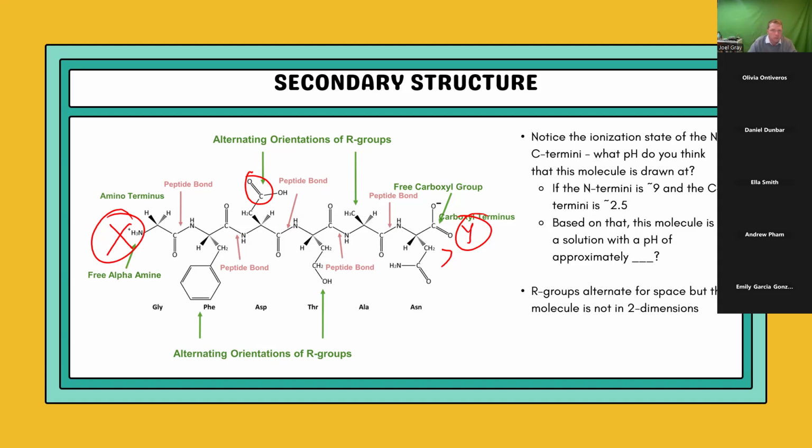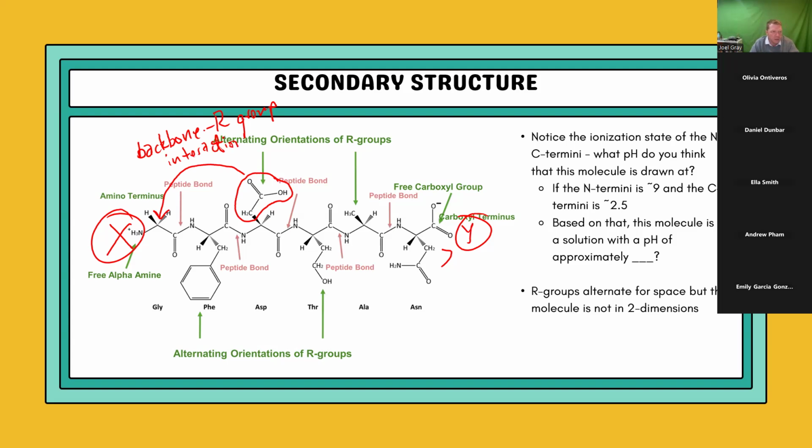I hadn't really thought to mention this, but this right here, that is an R group. That is the R group. That would be glutamic acid. Now, if this were to interact with this, that would be an example of a backbone R group interaction, as opposed to a backbone interaction.